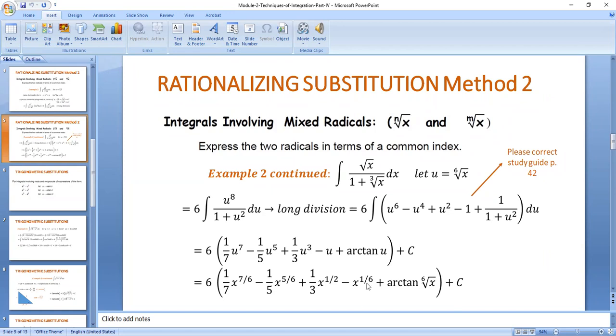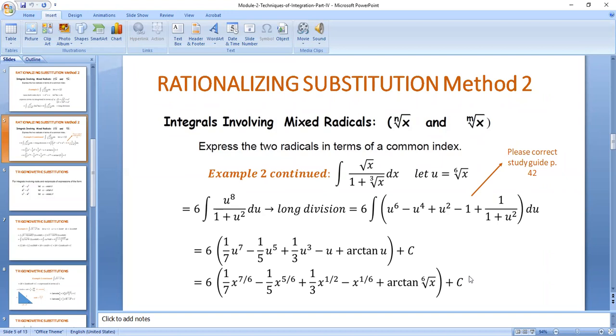And this u is x raised to 1/6. Arctan of what is u? That's the 6th root of x, or x raised to 1/6. This should be multiplied by 6. And then you have the arbitrary constant of integration here, which is c.